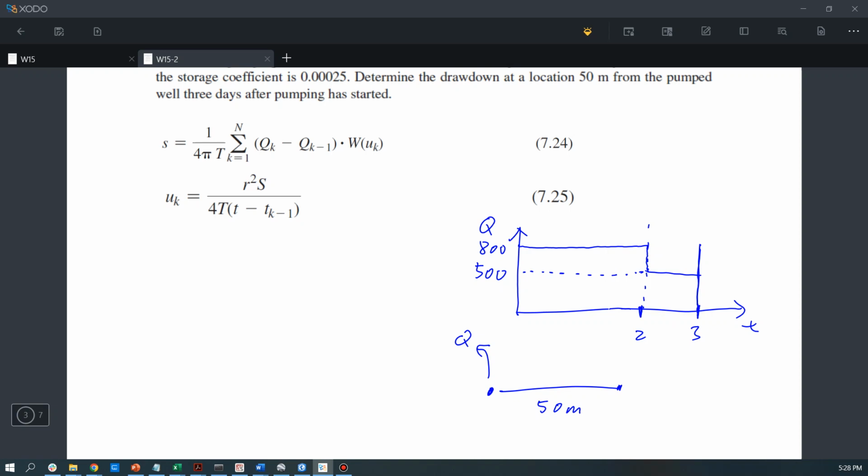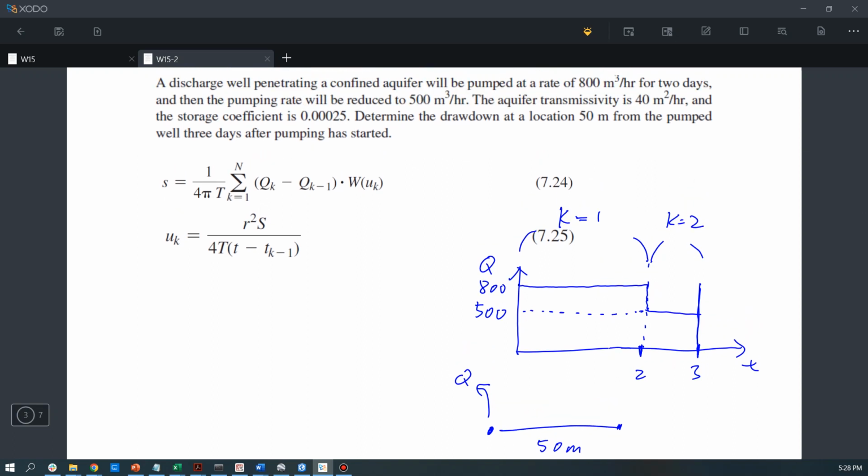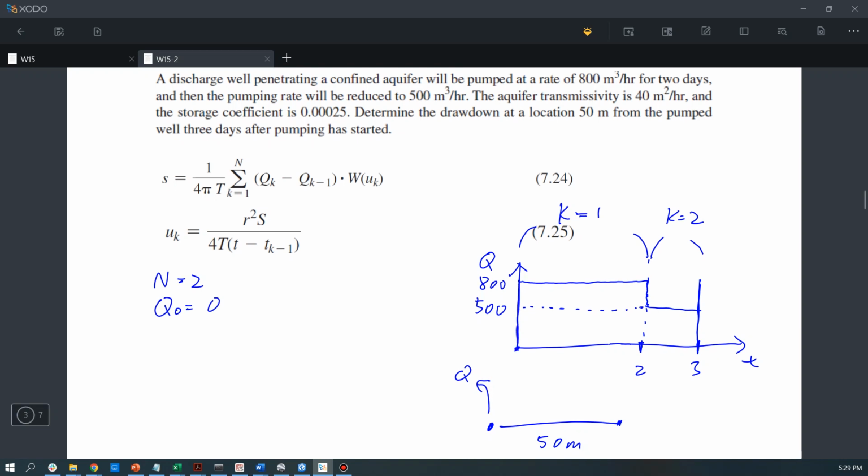I will call the first 2 days segment 1, and day 2 to day 3 segment 2. That means this larger N, showing in this equation, is 2, and Q0 is 0 because we assume before the pumping starts the pumping rate is 0, right?